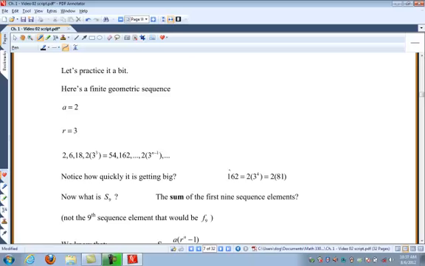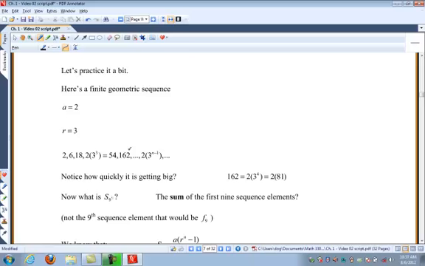Well, this is getting pretty big pretty fast. 2 times 3 to the 4th is right here, 162.